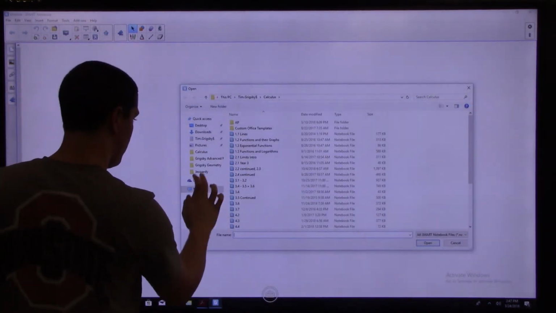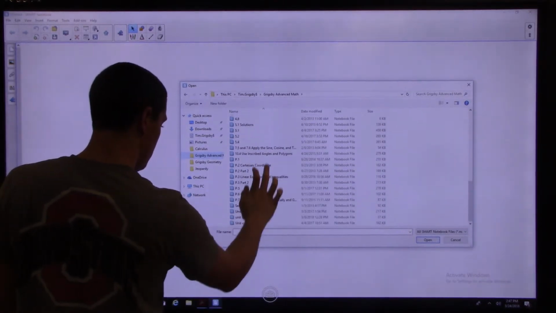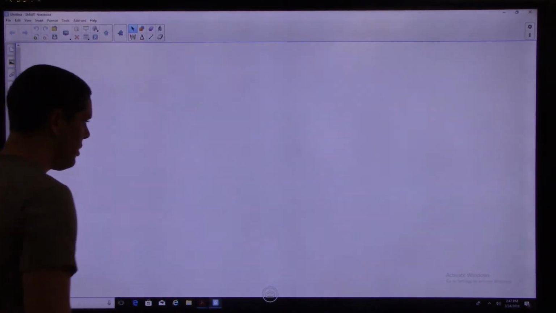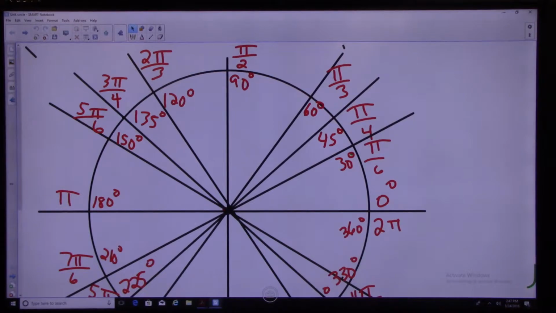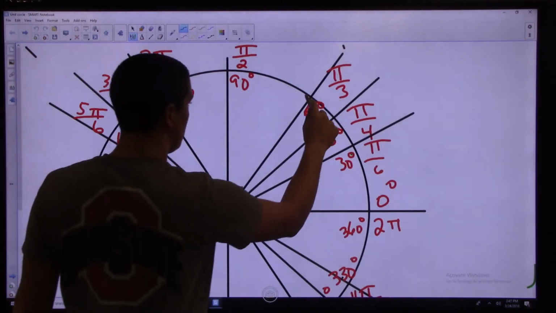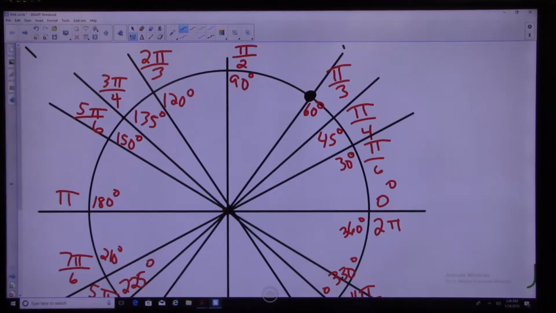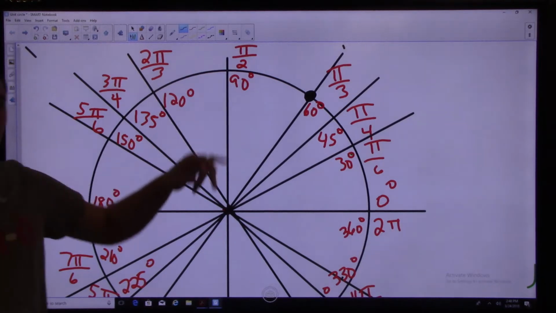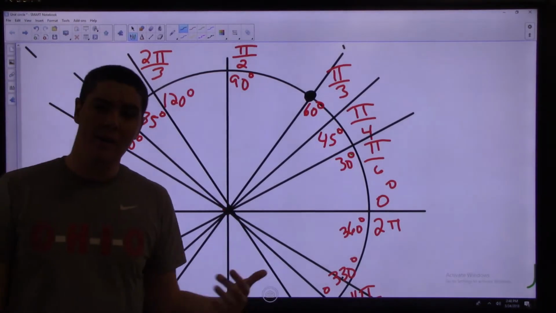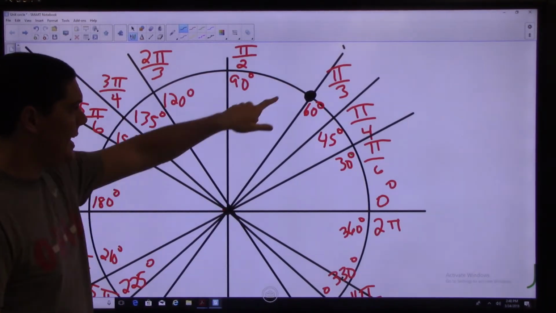So here it is, and we're trying to look at pi over 3. That point right there, pi over 3. We're going to do tangent squared, but let's just figure out tangent first and then we'll square it. So what is the tangent of pi over 3?